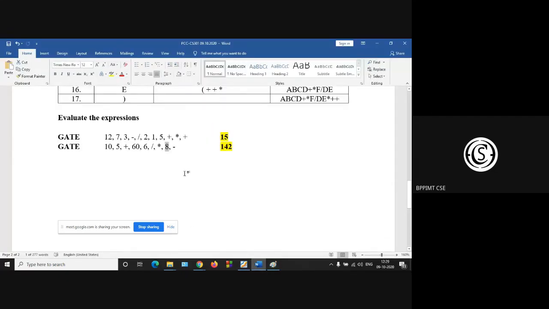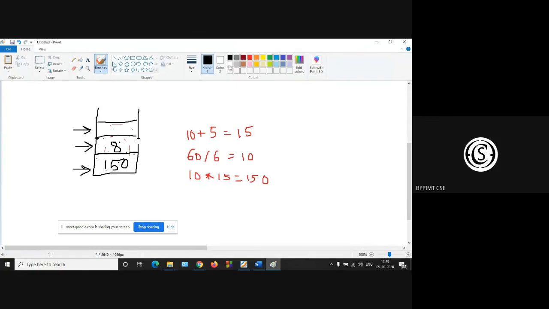The final token is minus. So we have to subtract: 150 minus 8, that is 142.